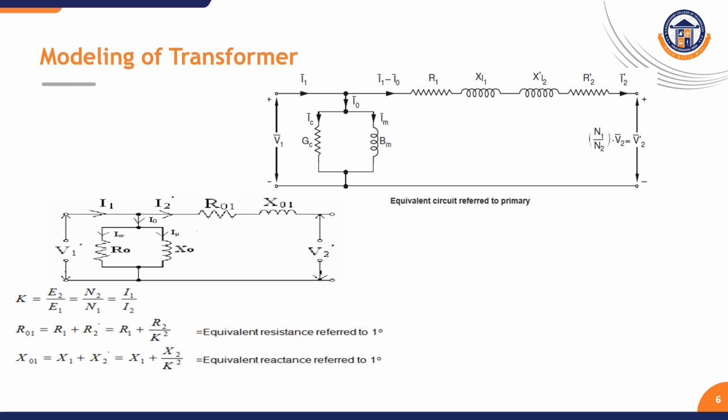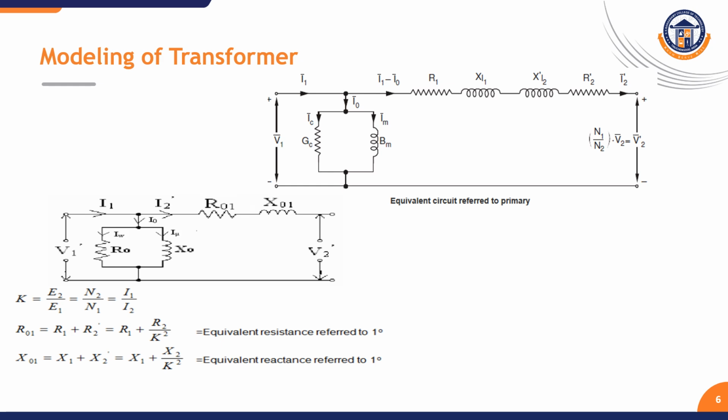The first diagram shows V1, the primary voltage applied to the transformer, and the magnetizing component comes into the picture. The current flowing through that component is I0, and the remaining current flows through the primary and secondary. Here the secondary winding is transferred into the primary winding, represented by a suitable equation with the help of the transformation ratio.